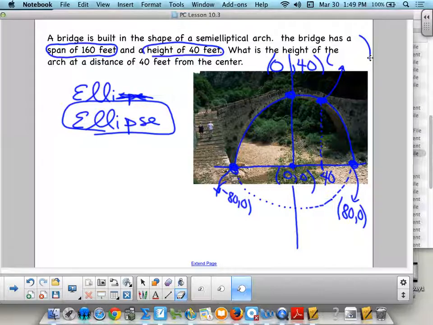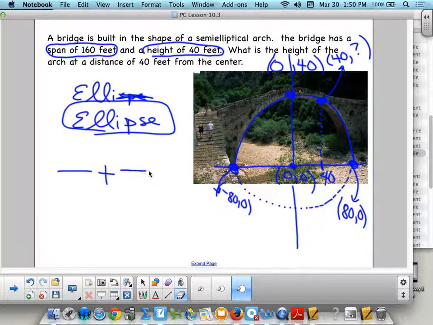I bet you know X or Y on that pair. X is 40. Y, question mark, don't know it. The only way you're going to get that point, 40 comma something, is to write an equation for this and then go solve it.